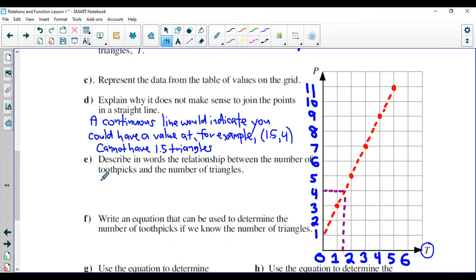If you double the number of toothpicks, and add 1, you get the number of, oh, sorry, double the number of triangles, not toothpicks. Let's change that.